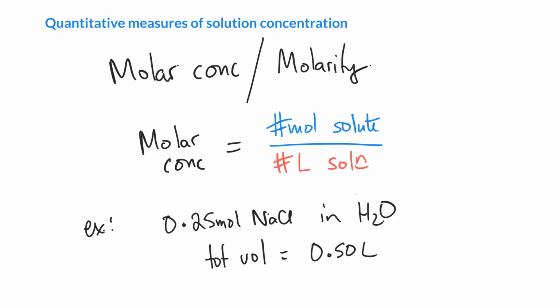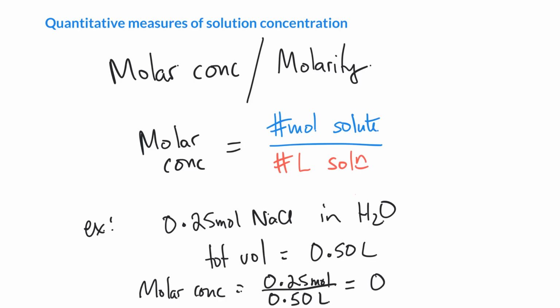Then the molar concentration, or the molarity of the salt, would be 0.25 moles, the amount of solute, divided by the amount of solution, 0.5, and we can see that that will actually be 1/2, or if you prefer 0.50. And the units, we can write moles per liter, and sometimes it's a good idea to write down the solute next to it. So it's 0.5 moles per liter of sodium chloride.